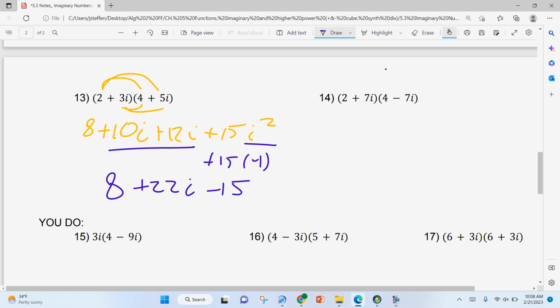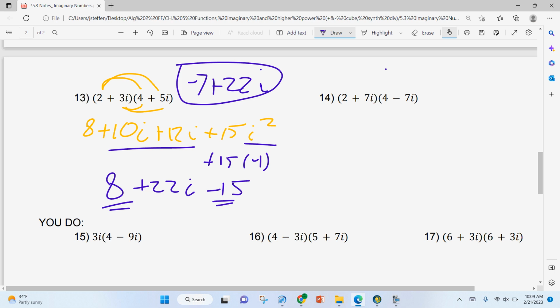I don't really care how many steps you take, but I am going to definitely look for this in your answer. Then from here, the 8 plus 22i minus 15, you can still combine. That's negative 7 plus 22i, or minus 7 is fine as well.